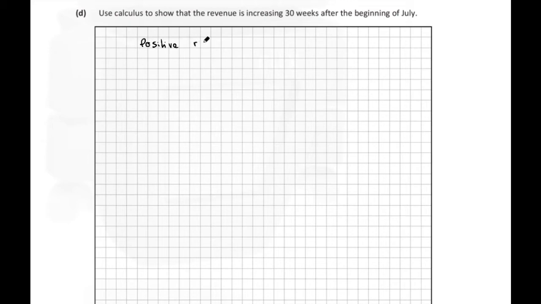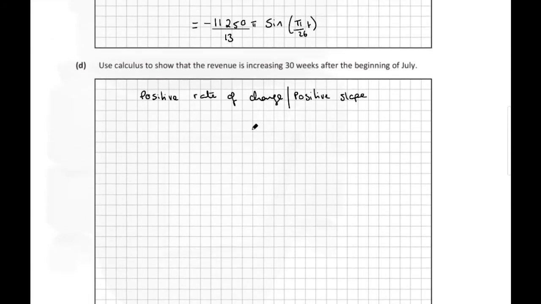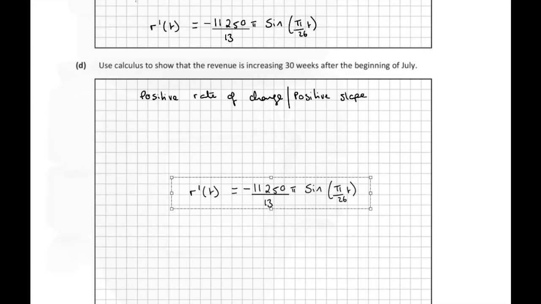So a positive rate of change and positive slope. How do we measure rate of change? Rate of change is the first derivative. That is the differential of revenue with respect to time.